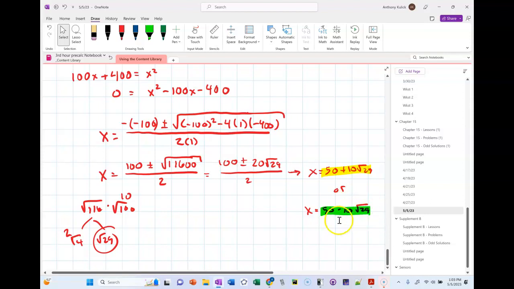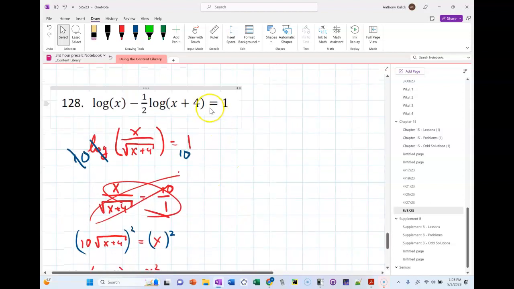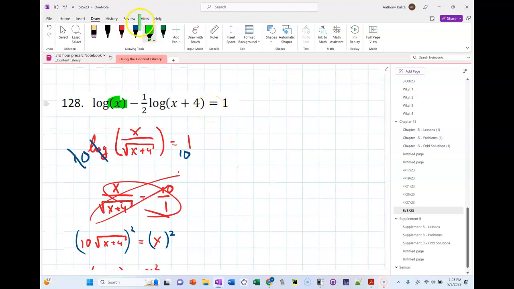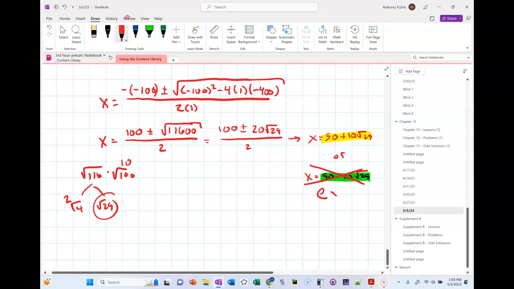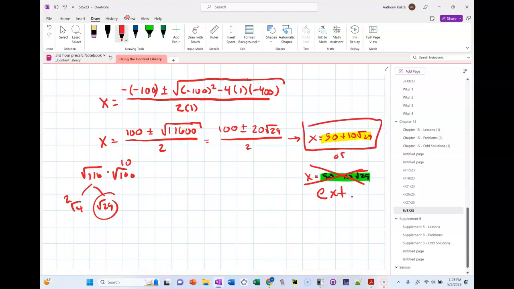So this is bigger than 50. So again, because I have this guy right here, I know that that negative is going to be no bueno. So we just cross that one out as extraneous. We're left with just the one answer. That feels okay?